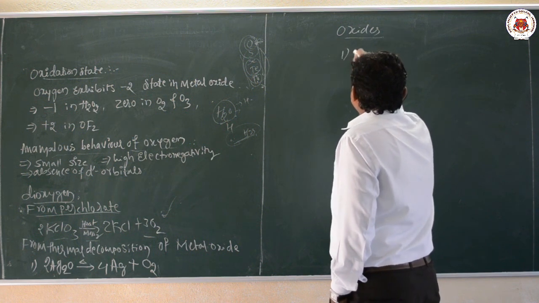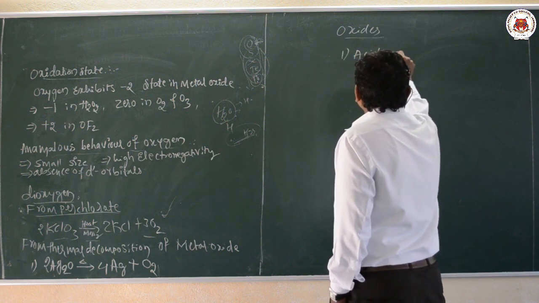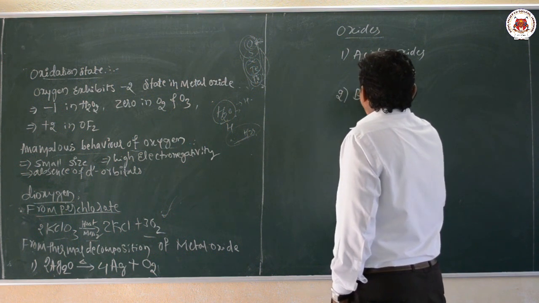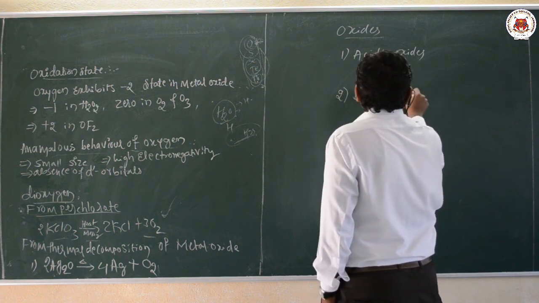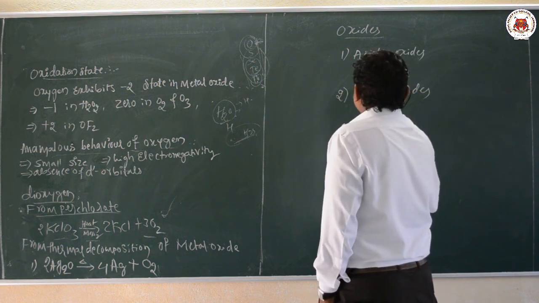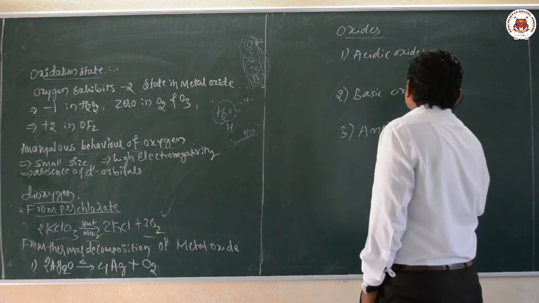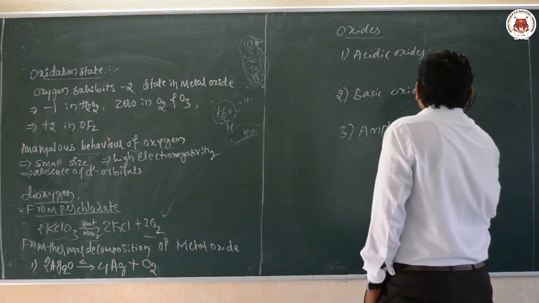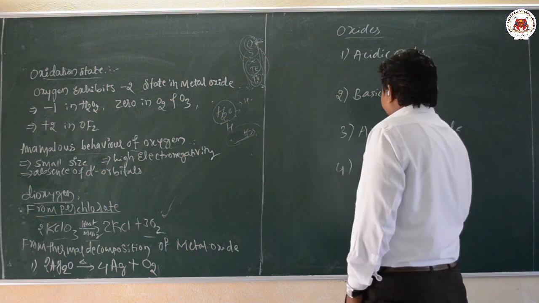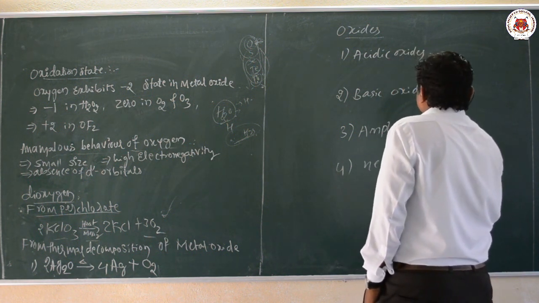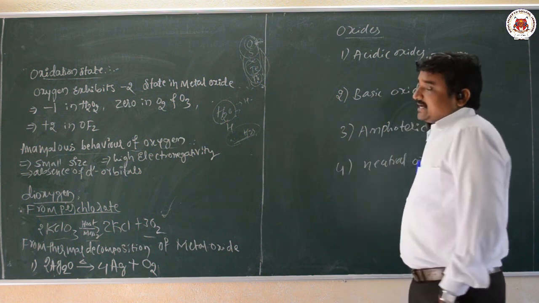The first one is acidic oxide. The second is basic oxide. The third is amphoteric oxide. And the fourth type is neutral oxide. So what are acidic oxides?